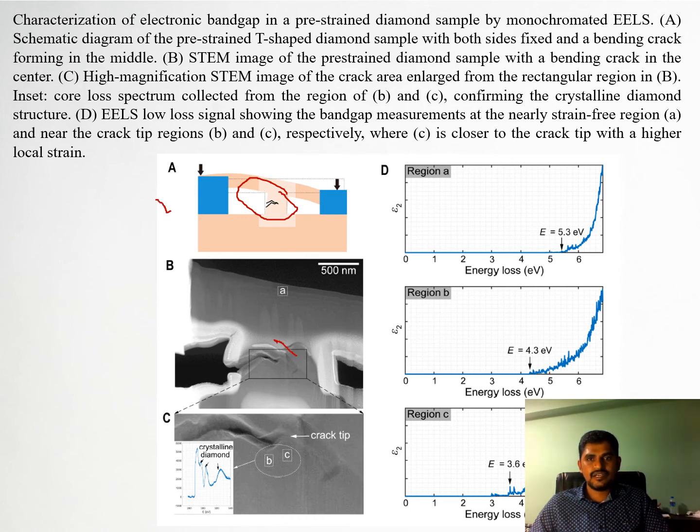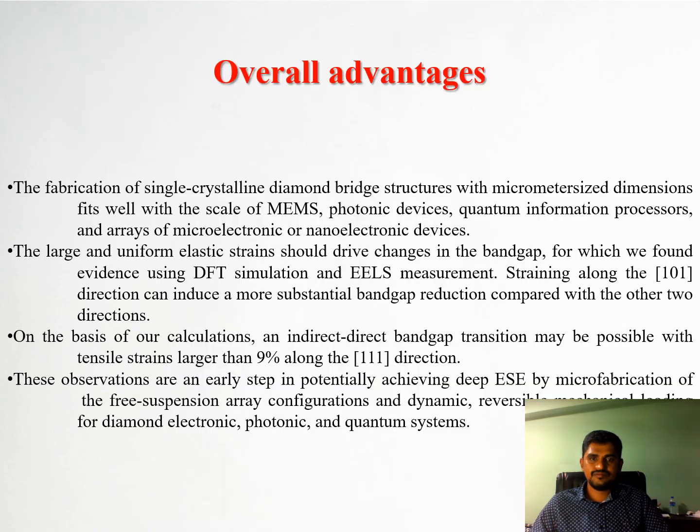This image is taken from EELS, and this B is from STEM. It's a crack found at the center, an enlarged view from STEM, and EELS. This chart shows energy values of 5.3 and 4.3 electron volts, and it shows about 3.6 electron volts for the energy loss.